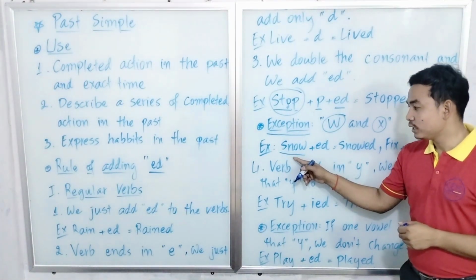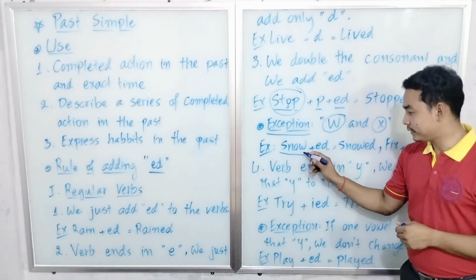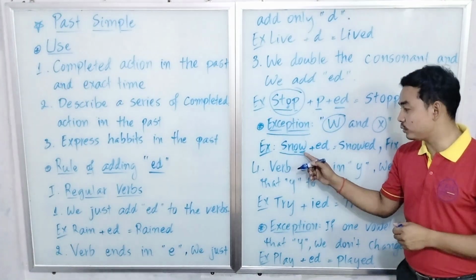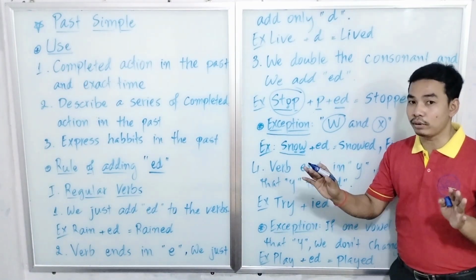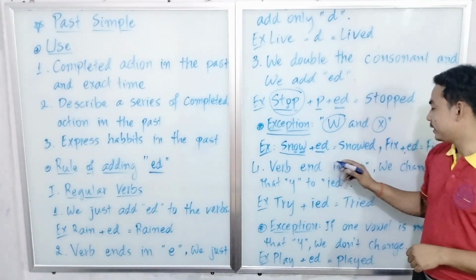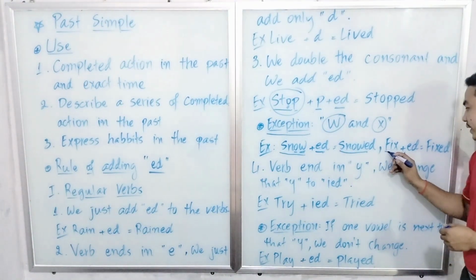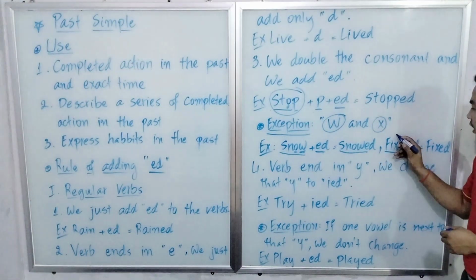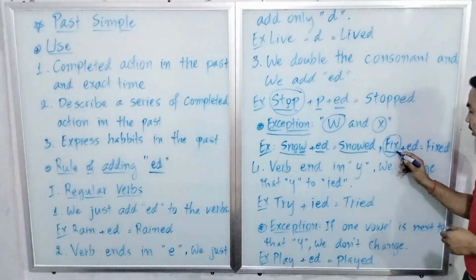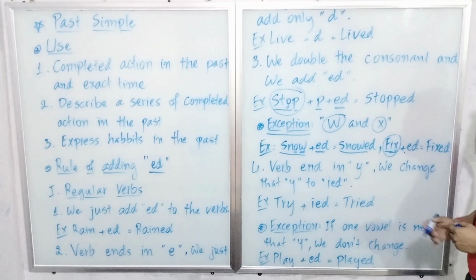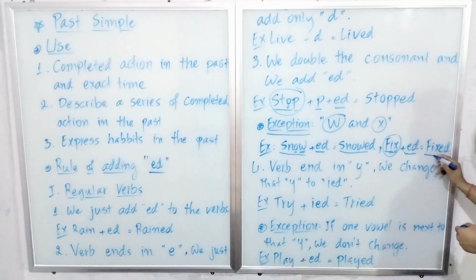Actually it is one syllable and it ends in one consonant with one vowel next to this consonant, but we don't double, we just add ed, like snowed. Another one is fix. One syllable, one consonant and one vowel, but we don't double, we just add ed, like fixed.